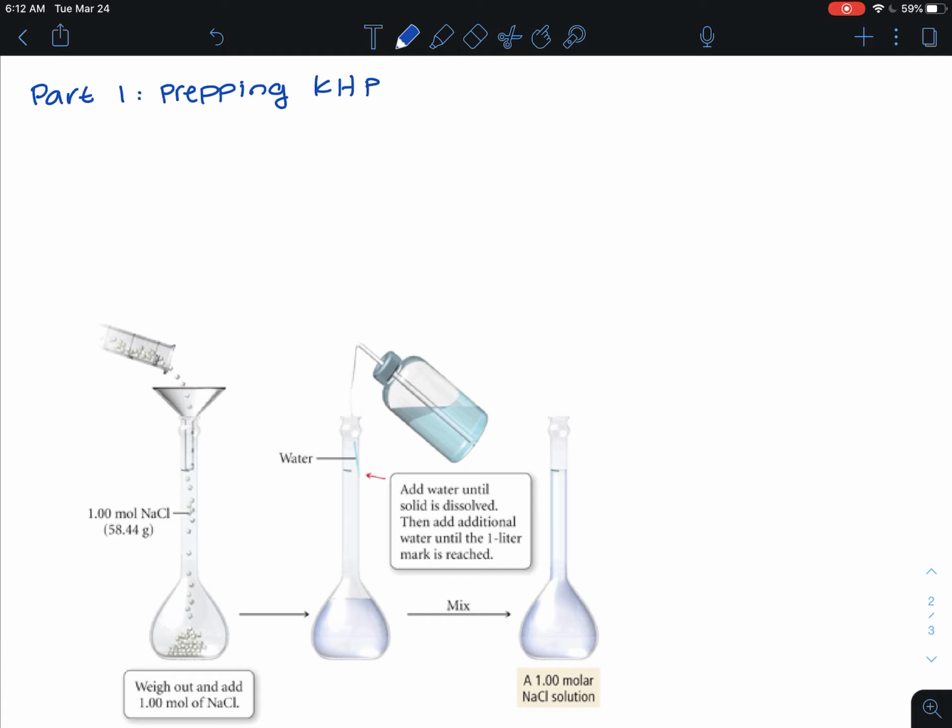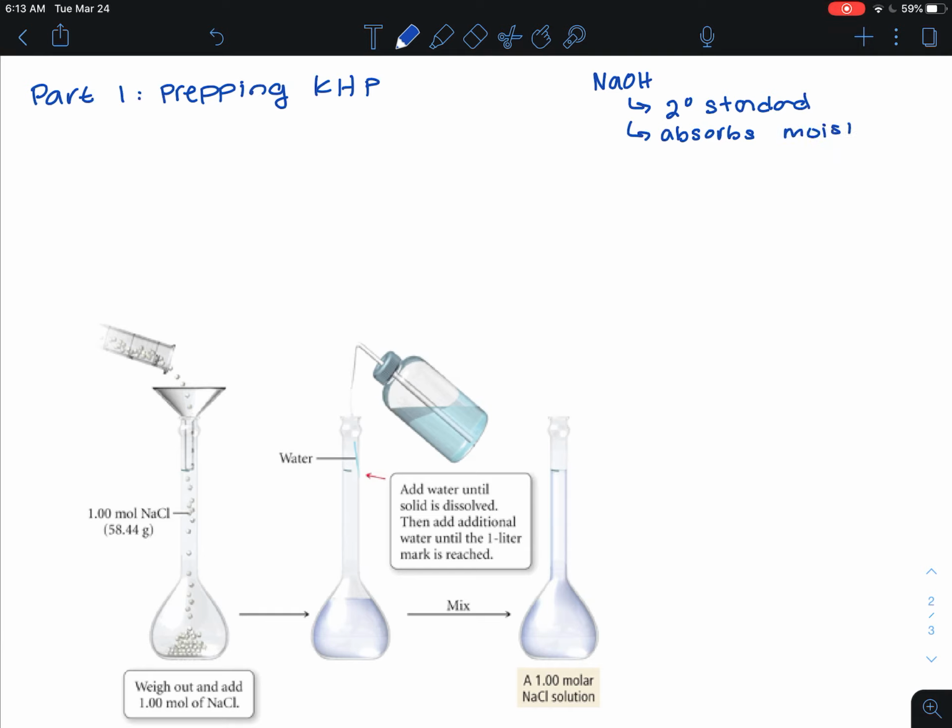Since you'll be given an unknown and you won't know exactly what volume you need to titrate, and you want to know the exact moles needed to neutralize, you need an exact molarity of NaOH. Well, NaOH is actually a secondary standard. And what that means is that it's hard to know the exact molarity of NaOH that's pure by itself.